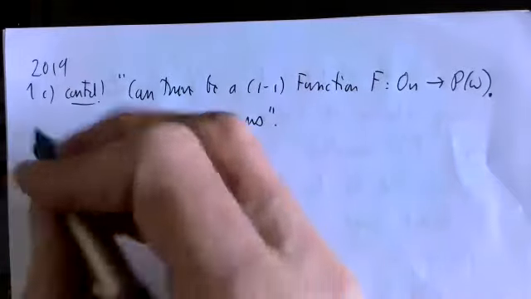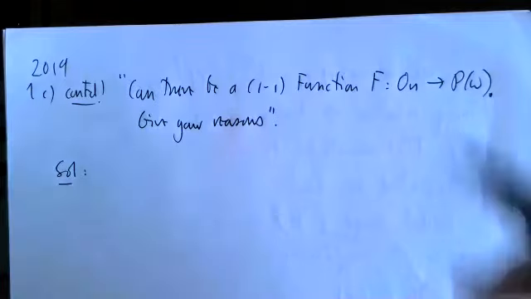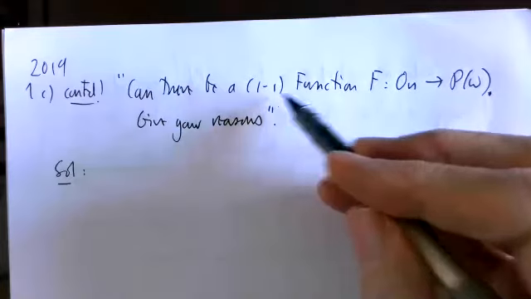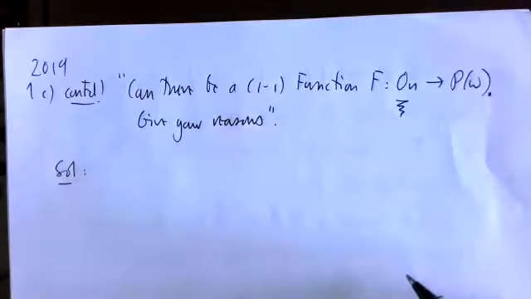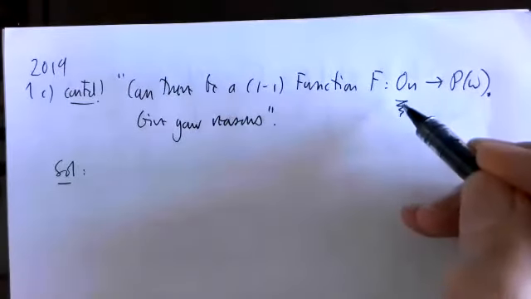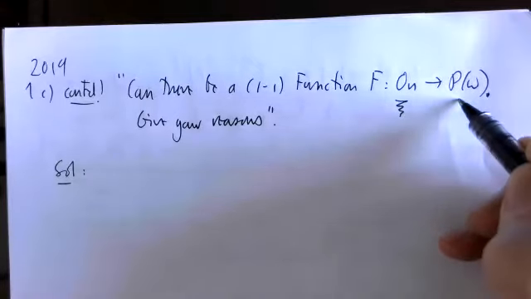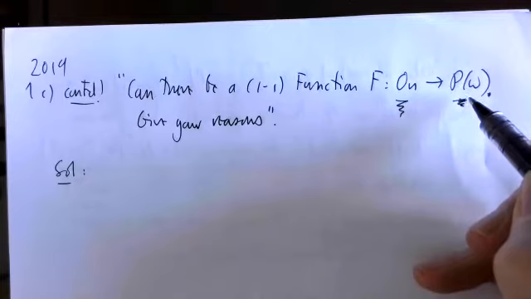Okay, so solution here. Well, the thing to think about here is, it's a one-to-one function, but what I've got here is a proper class. This was by Burali-Forti. It showed that the ordinals were a proper class. What we've got here is the collection of sets of natural numbers.